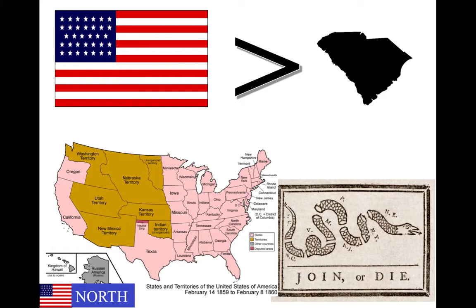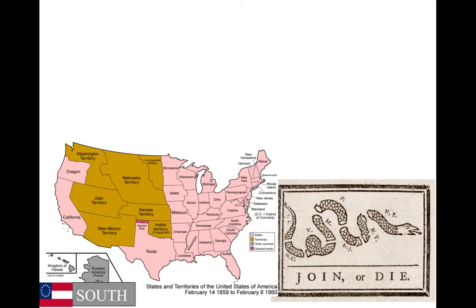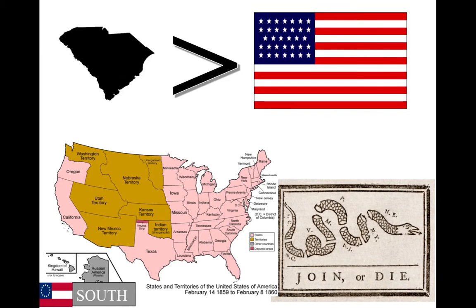The Southern states, however, believed that the state had more power than the country, which meant that if the country passed a law that any state didn't like, the state could just say, no, we disagree, we're not abiding by or we're not listening to that law. We're going to say that law is illegal here.